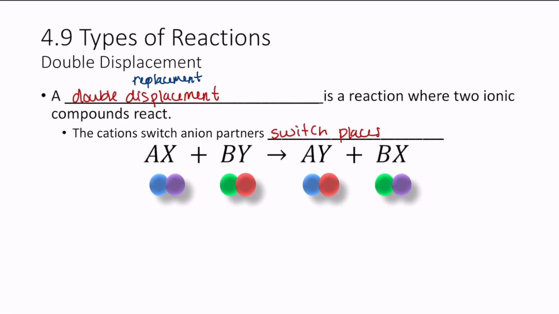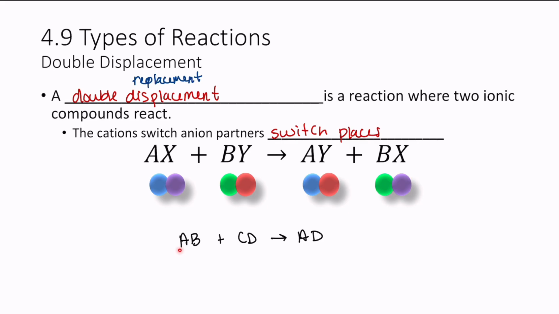Another way you can see this reaction, the generic form. So we have AX plus BY yields AY plus BX. You might also see this written as AB plus CD yields AD. Now, why did I put A with D instead of A with C and keep it in order?